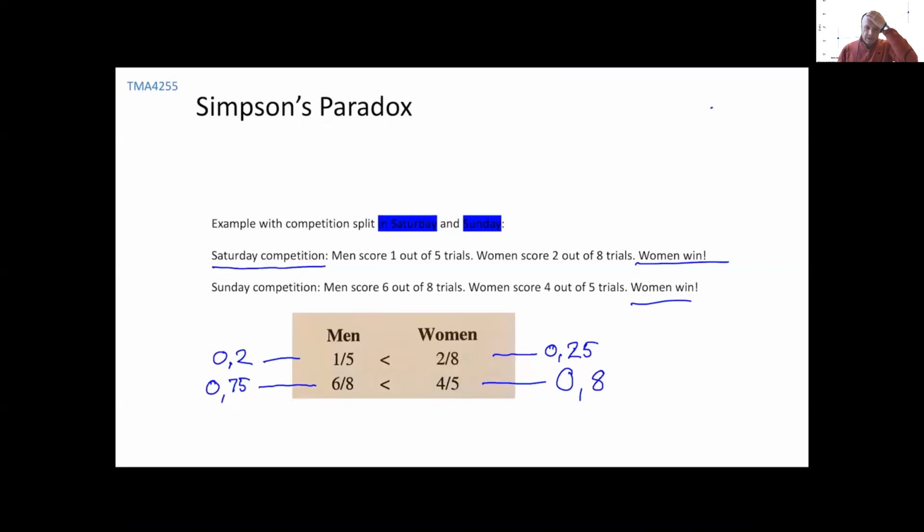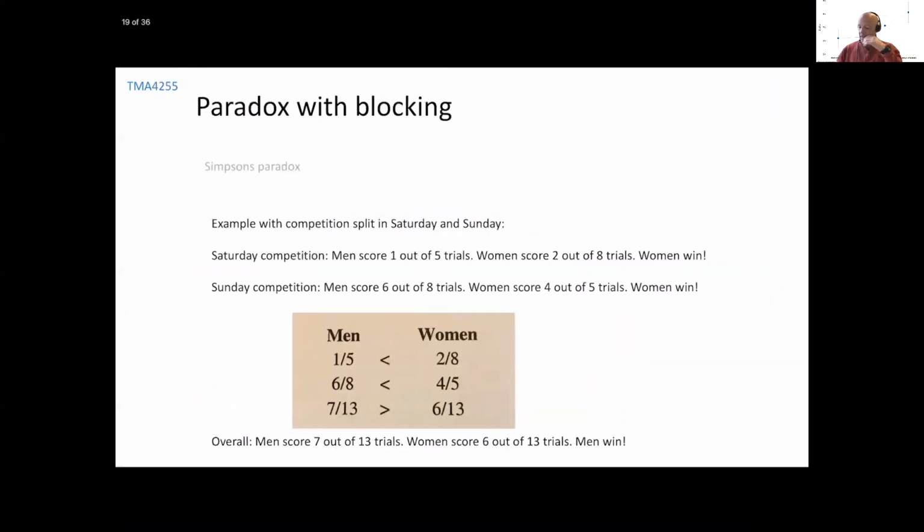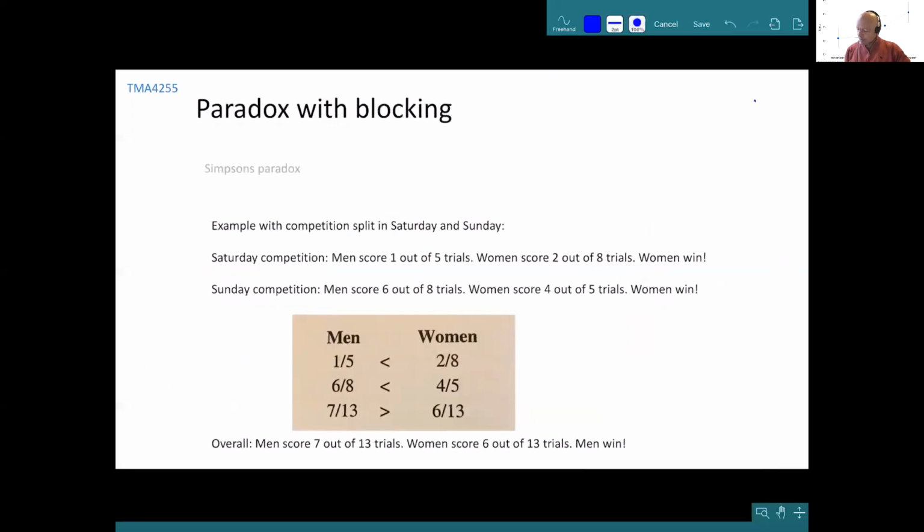But what if we look at this overall? What happens then? Then we see that the men actually score 7 out of 13 trials, and the women score 6 out of 13 trials. So this means that men win when you look at this combined. And this is a paradox, because when you looked at every block, you saw that women won in each block, but overall the men actually win.